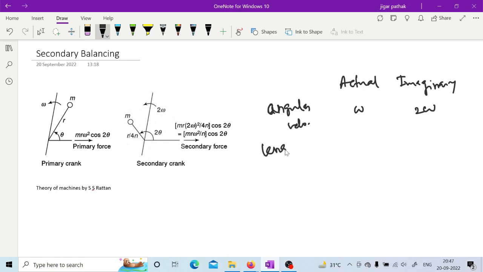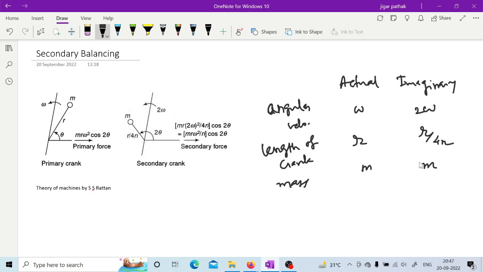Similarly, the length of the crank will be r for the actual, and for the secondary or imaginary it will be r by 4n, and the mass will be the same for both cases.